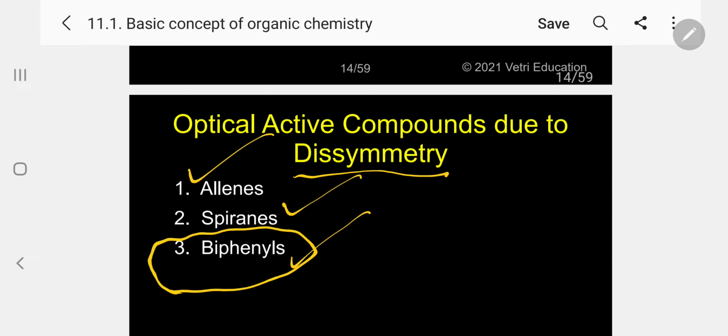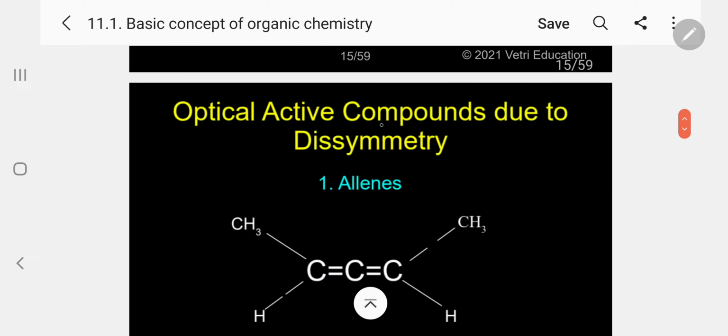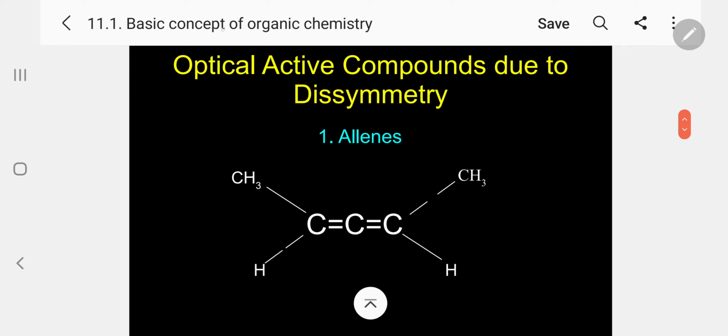Biphenyl they have asked. Let me explain now. Kindly follow. This is the allene: three carbons with double bonds, CH3, H, H. You must understand that one is a thick line, another is a dotted line, meaning they are not on the same side, they are on the opposite side.